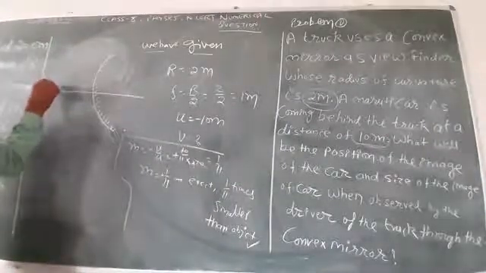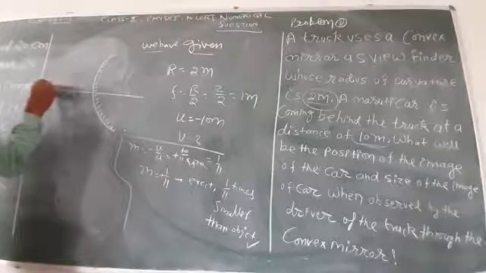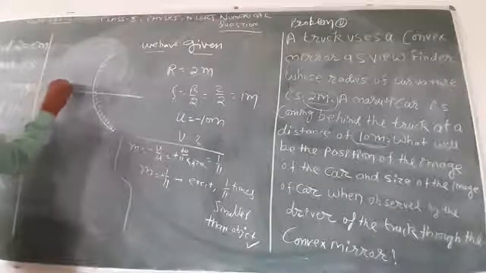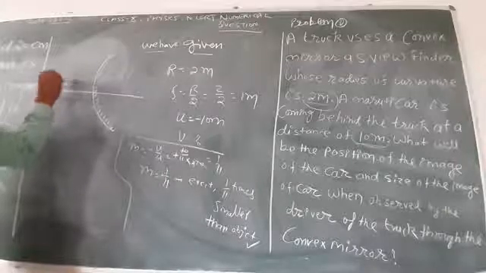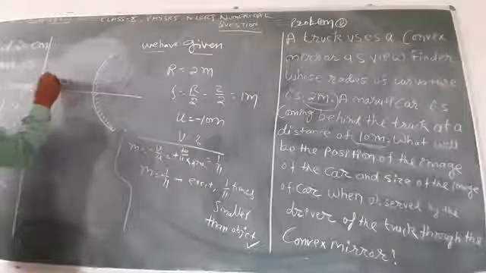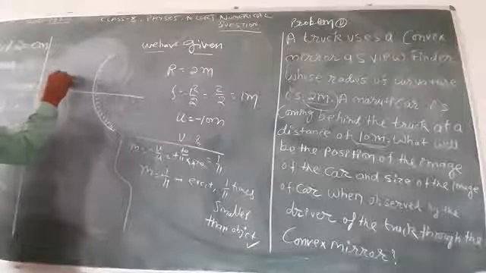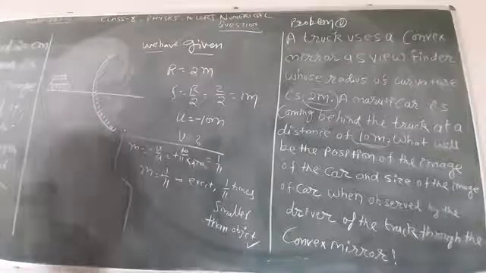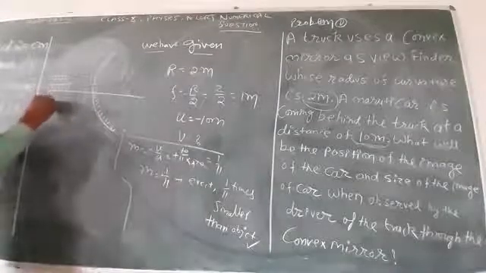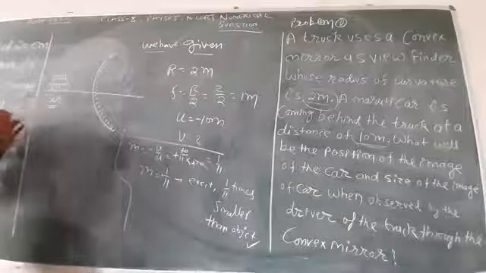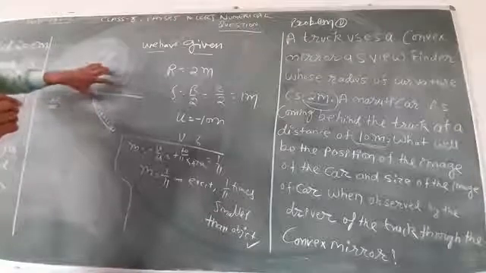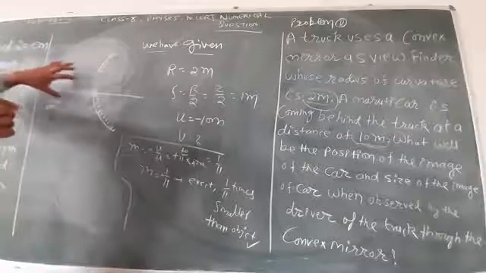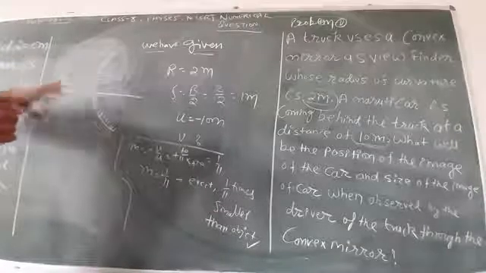Let this be the position of the car in front of the mirror. This is the convex mirror fixed on the truck, and this is the car behind the truck.